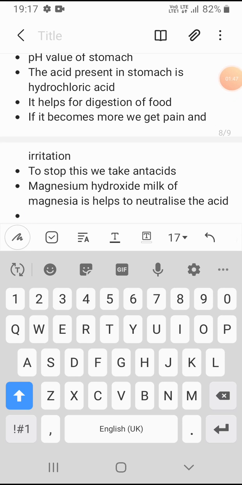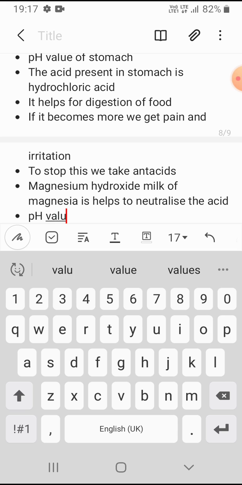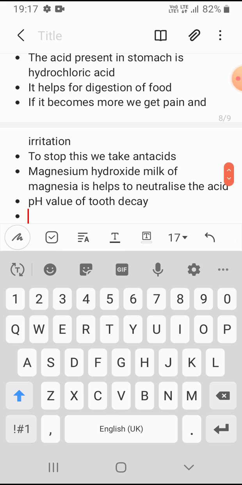Let's know about the pH value of tooth decay. Why does tooth decay happen? What should be the pH value?